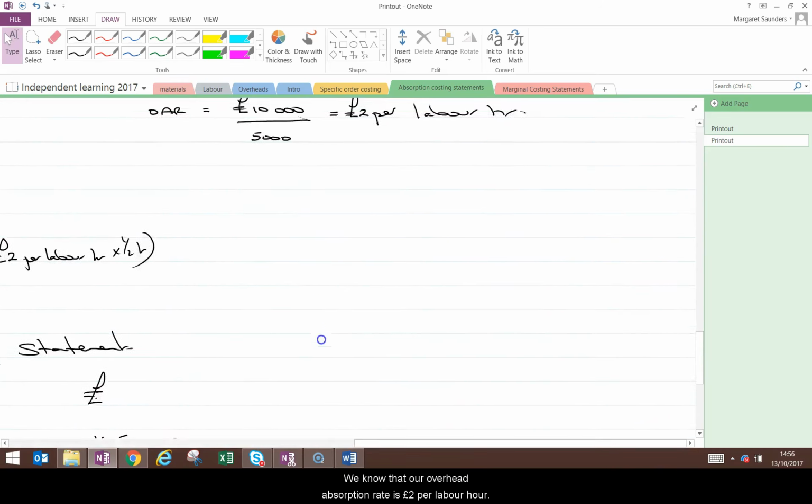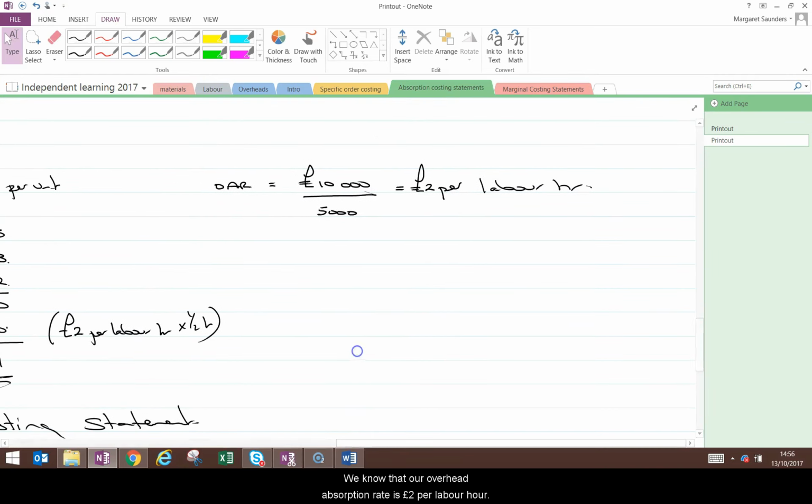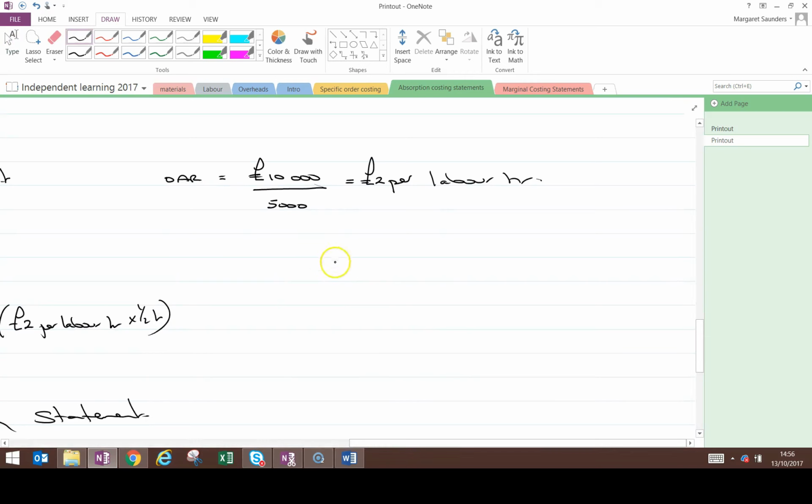So we know that our overhead absorption rate is £2 per labour hour. To work out the overhead absorbed, we multiply the overhead absorption rate by the actual activity.